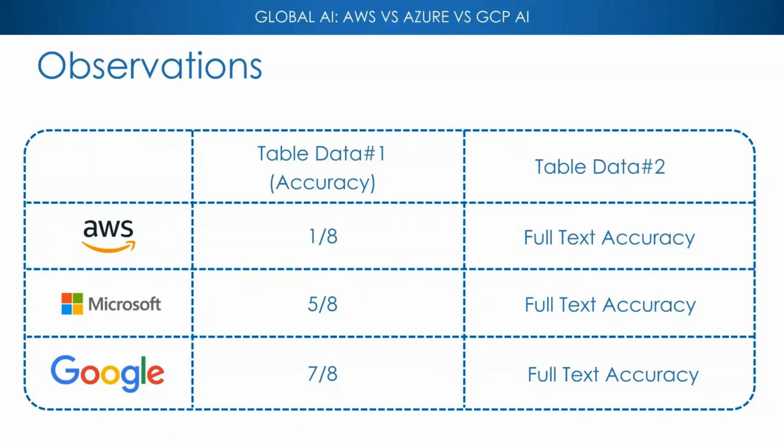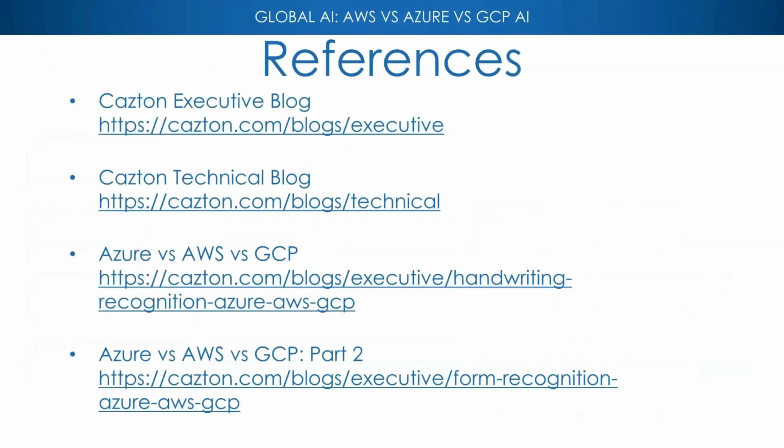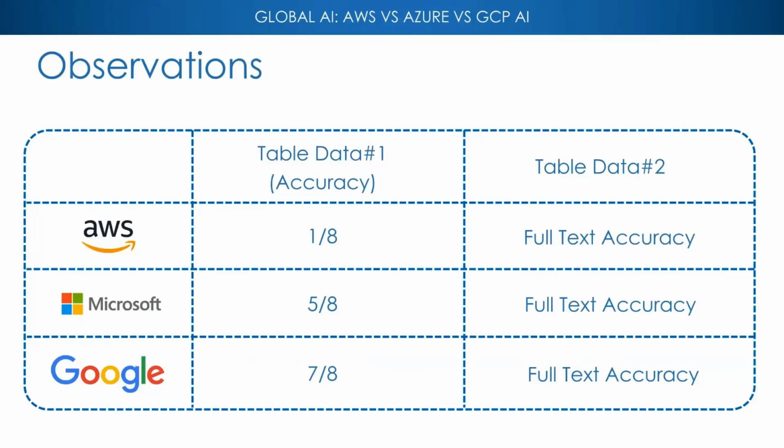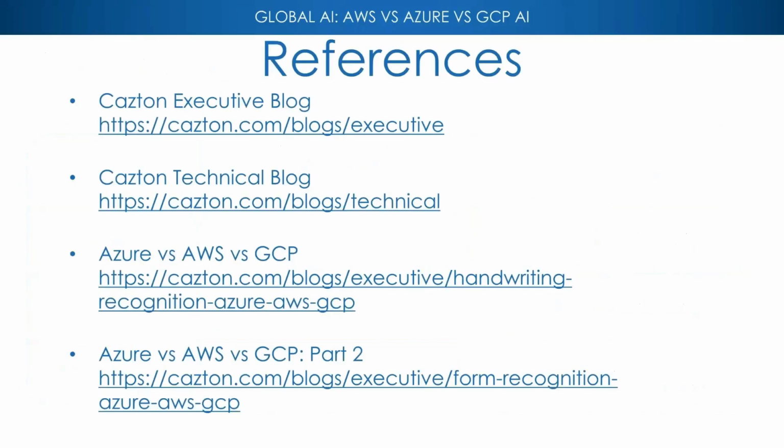That's 100% accuracy. In the number 1 case, I'm not sure why this happened, but again, I think more important is to look at number 2, because that means with barely any training, all 3 of them were able to get to full text accuracy, which is pretty incredible. Now, number 1, of course, Google definitely was winning, and number 2, everyone got to the same level.